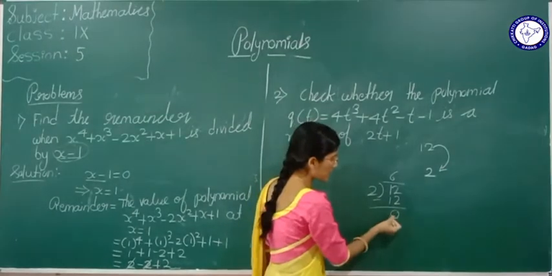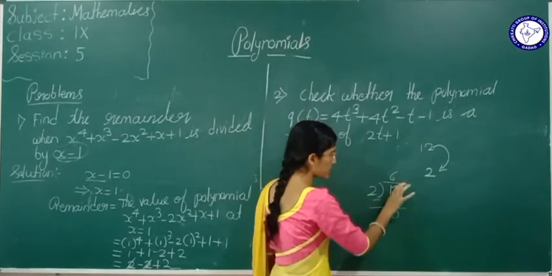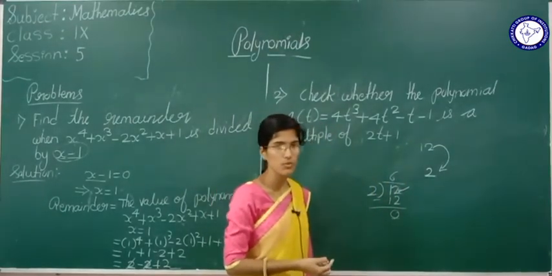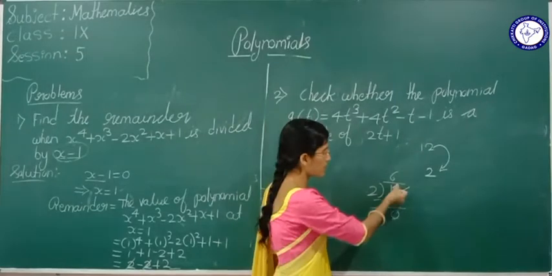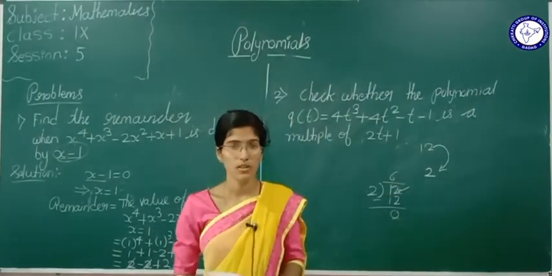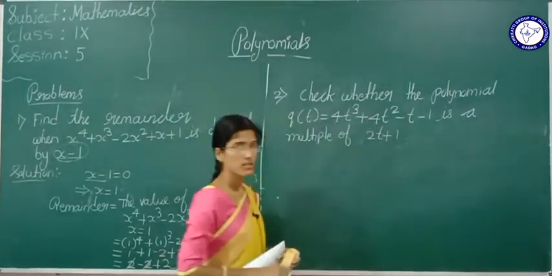If you are getting remainder 0, definitely I can tell that 12 is a multiple of 2. Otherwise, I can tell that it's not a factor of 2. Yes. Now see here, the same logic we are using here also.